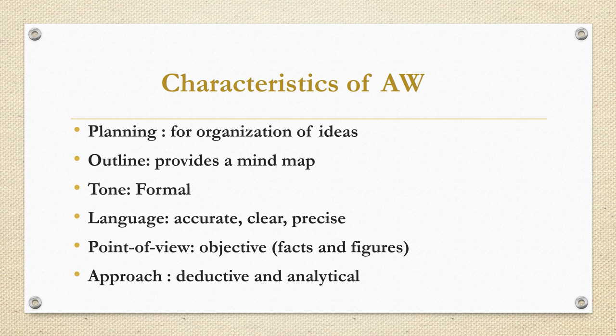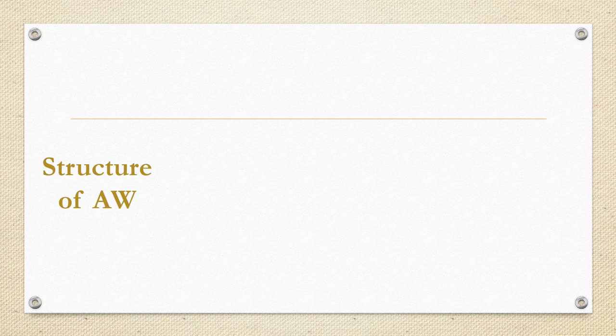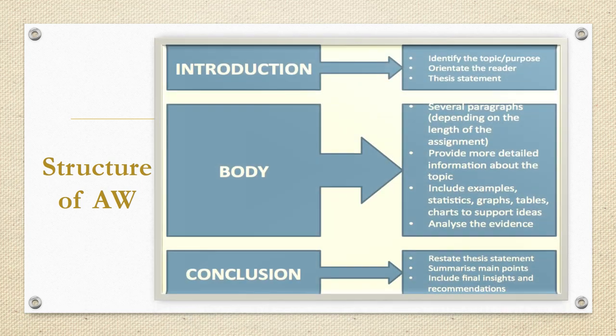Well, and analytical means that you should be in a position to make an analysis based on facts and figures. Well, now the structure of academic writing. As with every kind of academic writing, three main things are always required: the introduction, the body, and the conclusion.